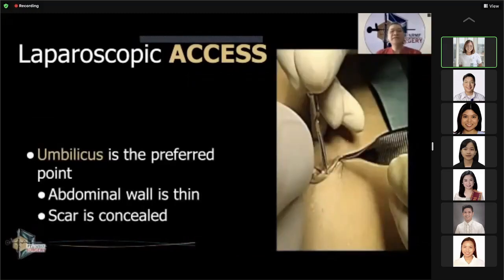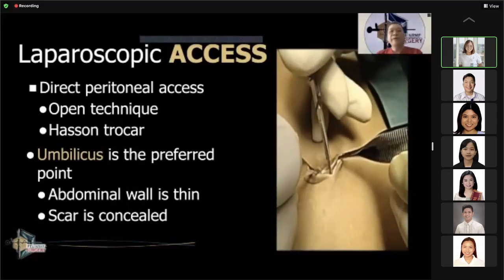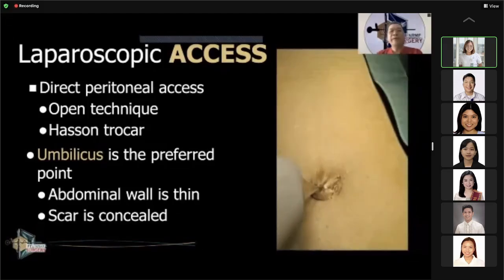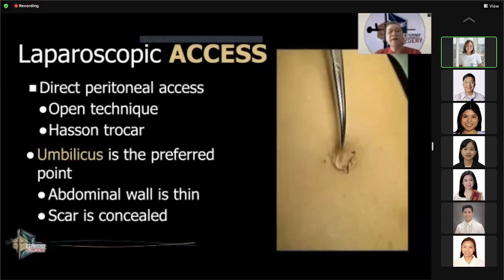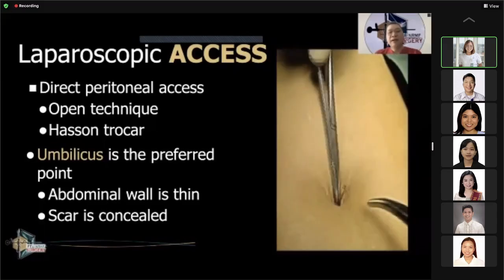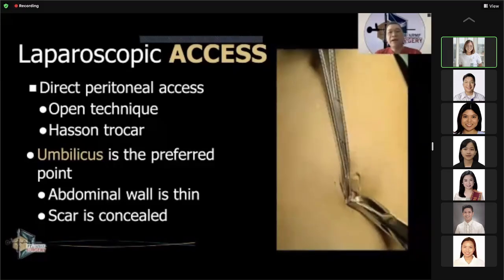This is the Hassan technique, or the open technique. This is the standard approach that we use, in which you make an incision at the umbilicus, at the inferior border. It is the thinnest part of the abdominal wall, and usually the scar is concealed after the surgery.